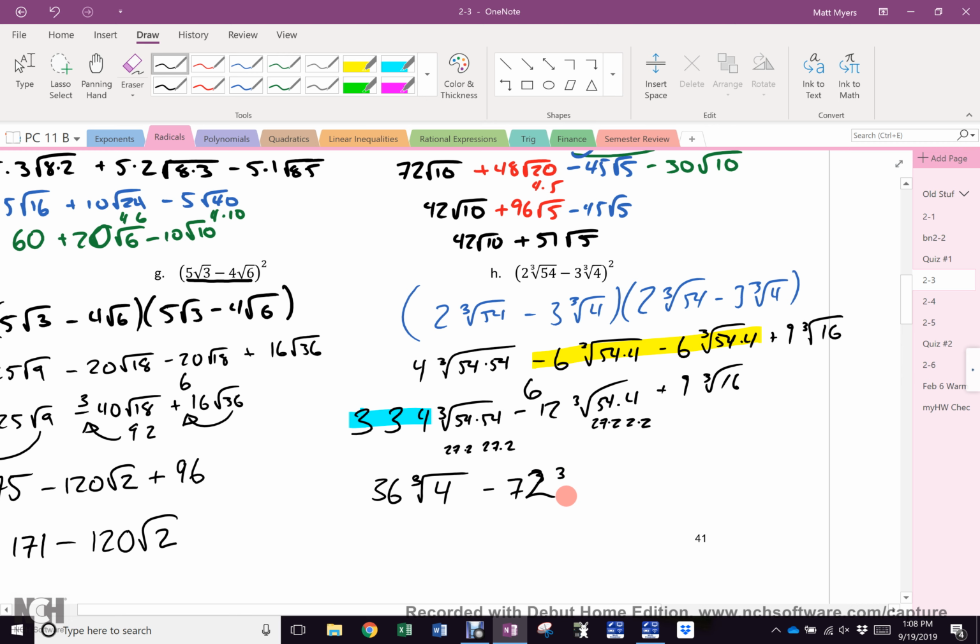Cube root what? Nothing, because it all came out from under there, yeah? What's this one? Am I happy with that?